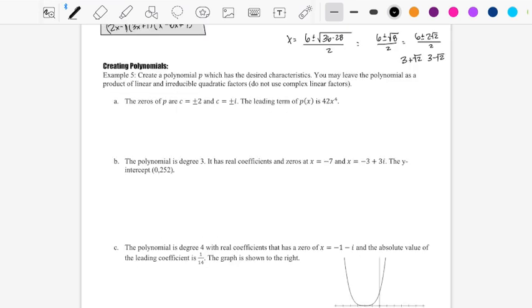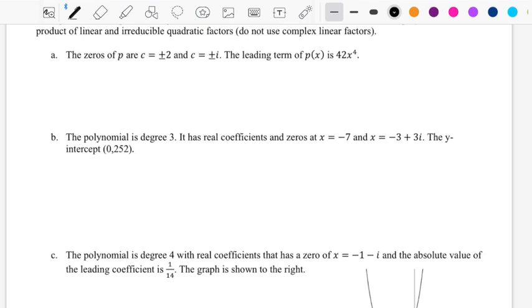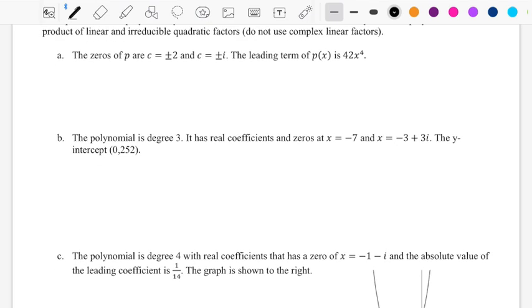Our last section has to do with building a polynomial given some factors and or information about this. So it tells us that the zeros of p are x equals plus and minus 2 and plus and minus i. So this tells me right here that x plus 2 is a factor and x minus 2 is a factor. Okay.